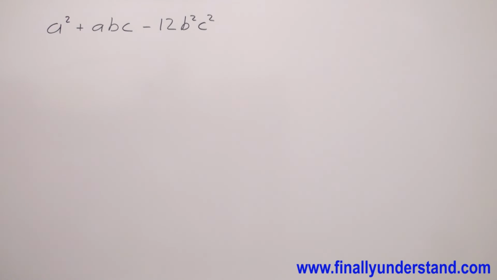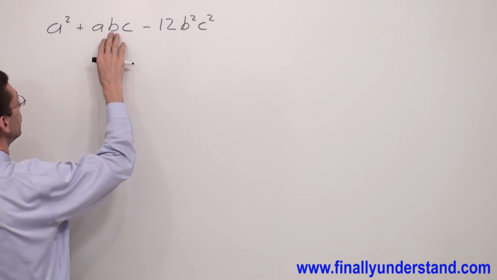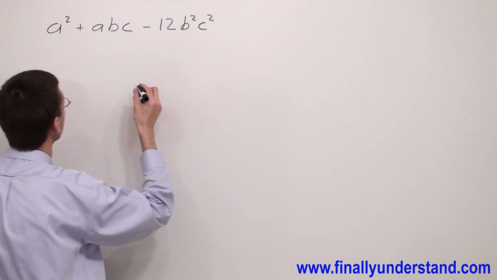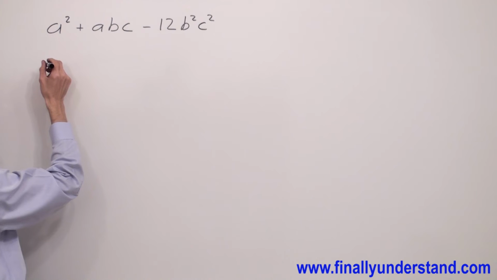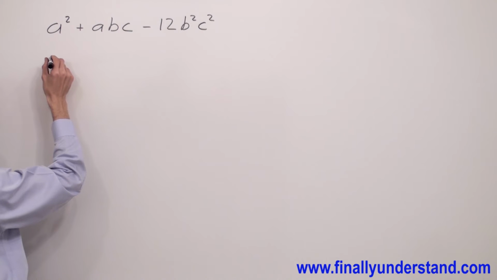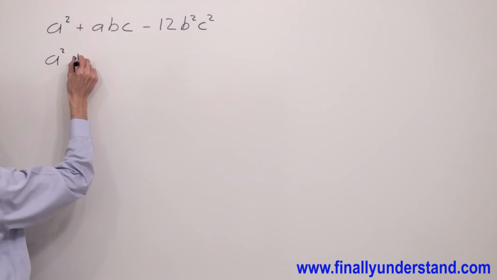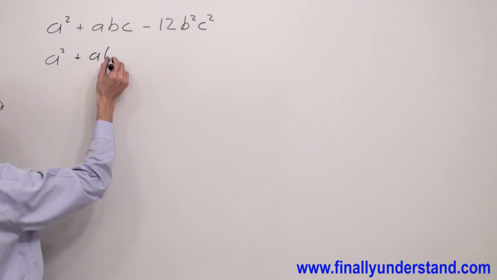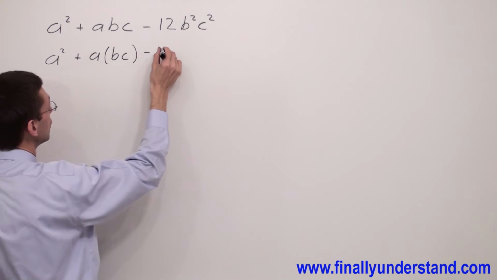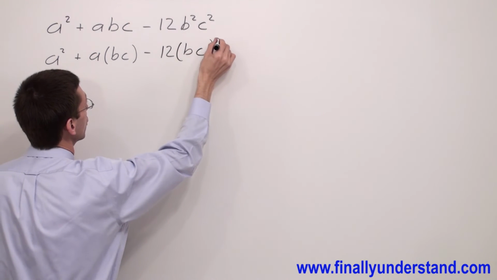Let's take a look at this example. Please notice that in the second term we have bc, and in the third term I have b squared c squared. I'm going to rewrite this problem and use the properties of exponents in order to make this problem look a little bit simpler. a squared plus a, and inside of the parentheses b c minus 12 (bc) squared.